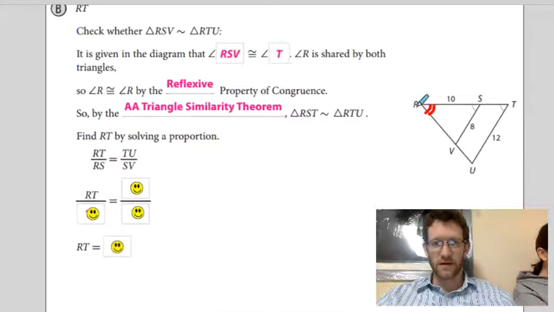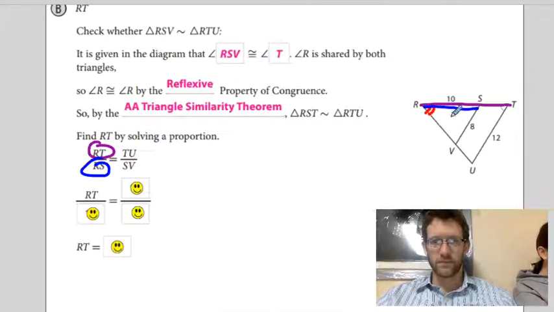So that means that RT here, this big side, do it purple, yes, that there. So RT over RS has to be equal to, we'll do more colors, TU, right, over SV.